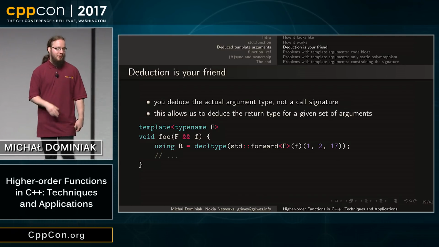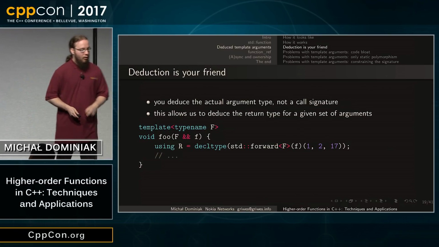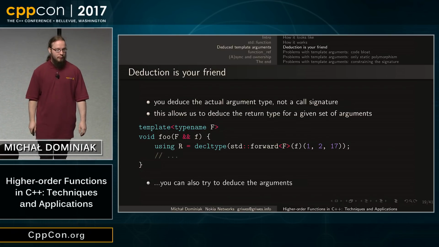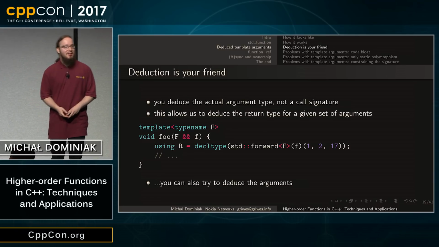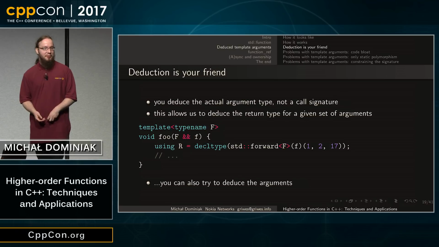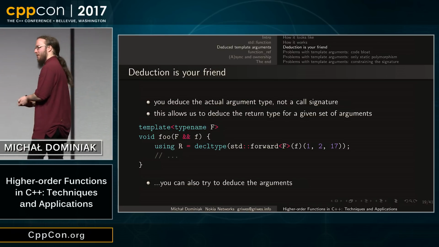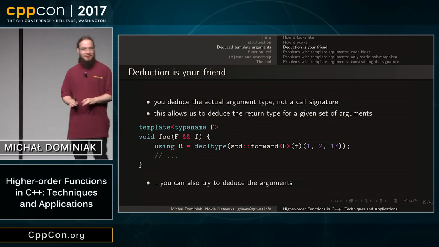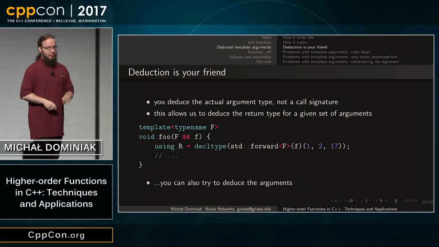Actually, this should also say standard invoke, but whatever. This is templates, so you could also do some funky stuff to try to deduce the arguments themselves, but let's not go into that. You can, in some cases, but let's forget about it for now.